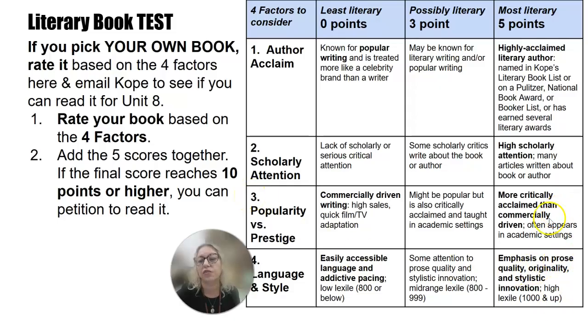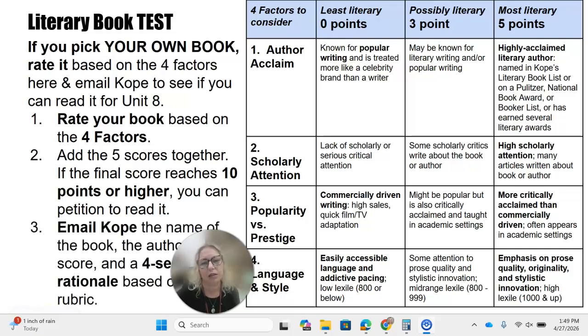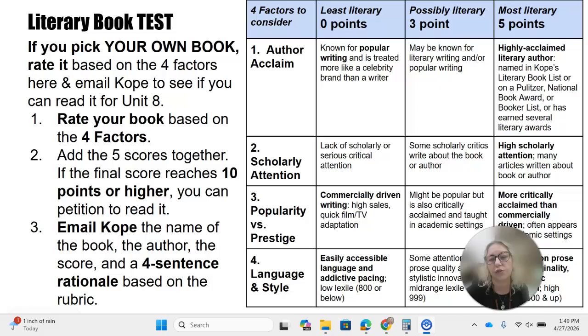So if it hits 2 of these on the most literary end of the spectrum, then you're good to go. Or if it hits all 4 of these in the possibly literary, you're good to go, because that would be 12 points. But I'm going to make you actually figure this out and send me an email if you want a book other than the books in the classroom or on the class list.